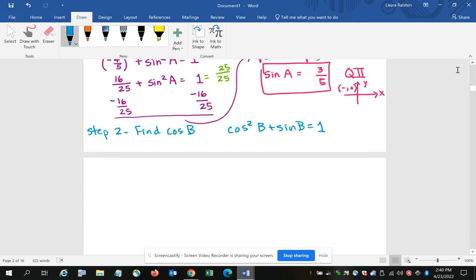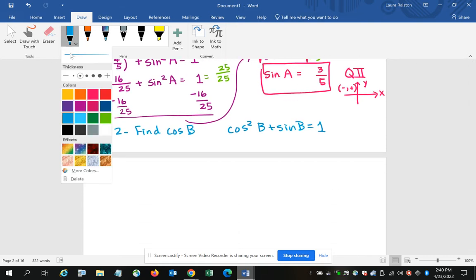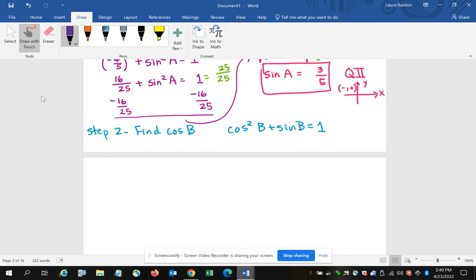So I would have cosine squared B plus negative 24/25 squared equals 1.